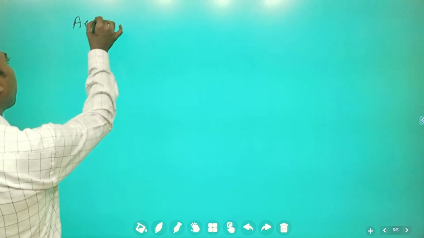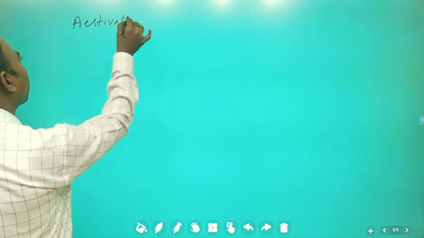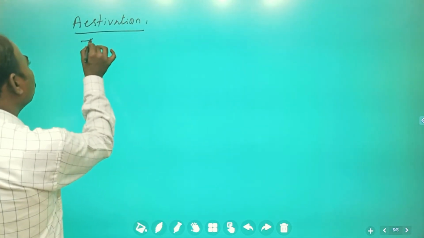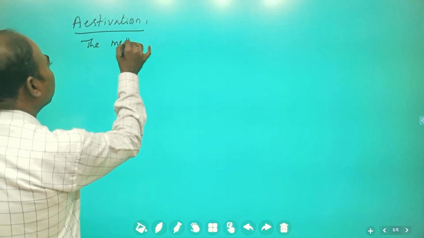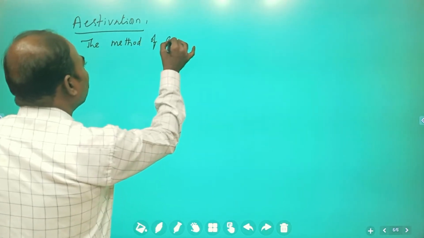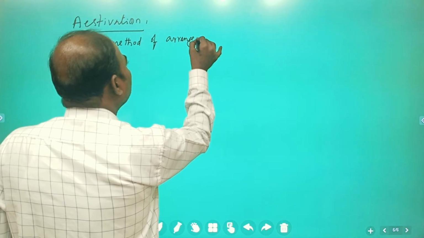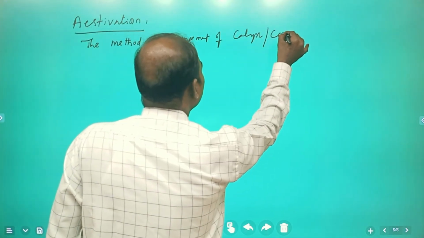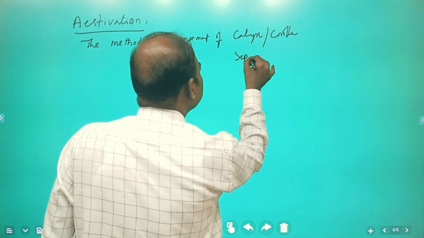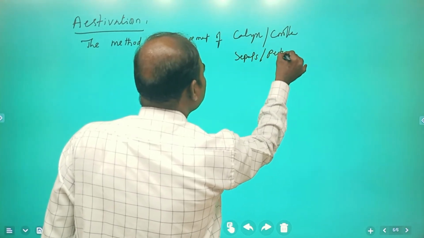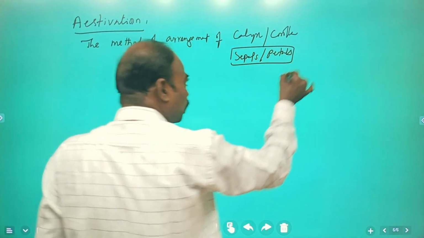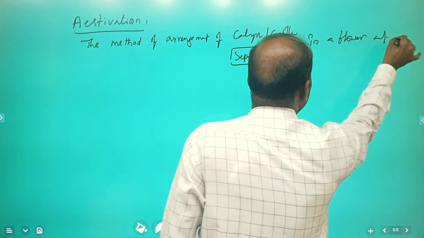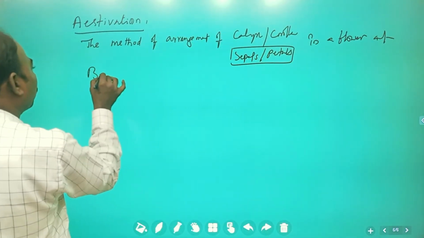Estivation. The mode of arrangement of calyx or corolla, that means sepals or petals, in a flower at bud condition.